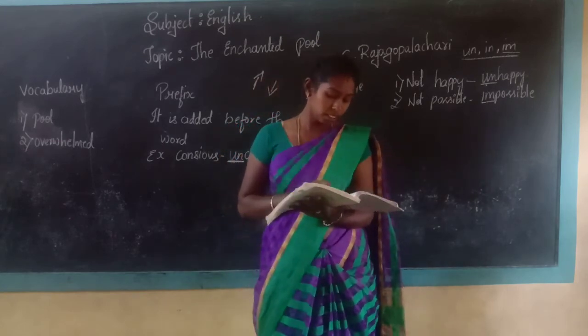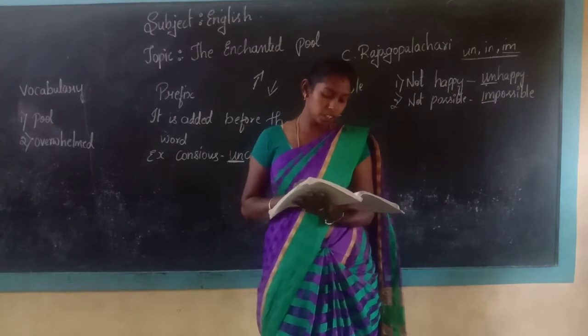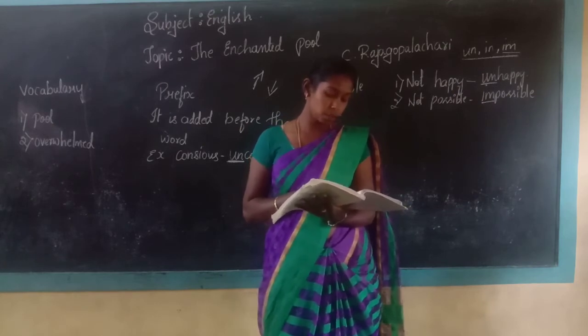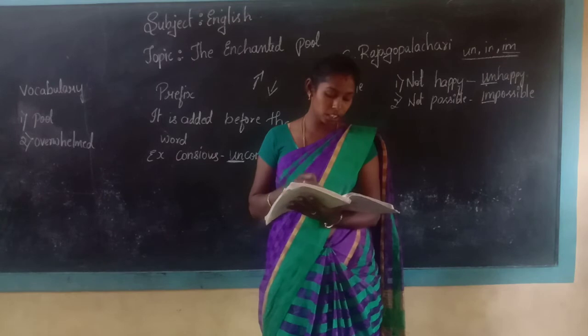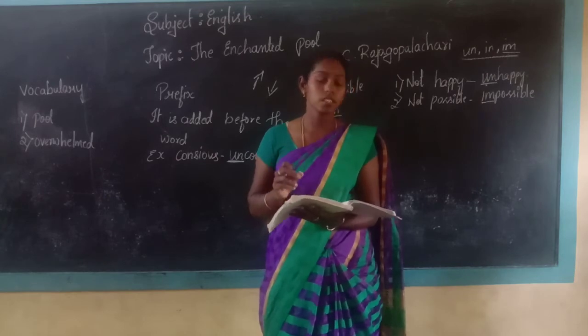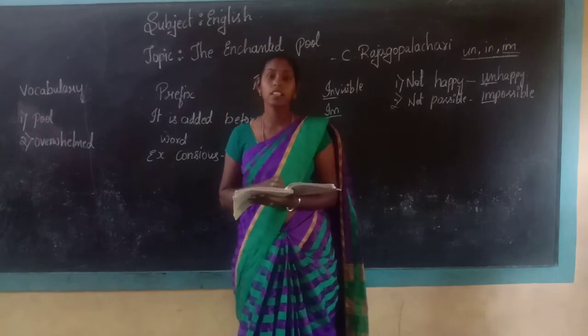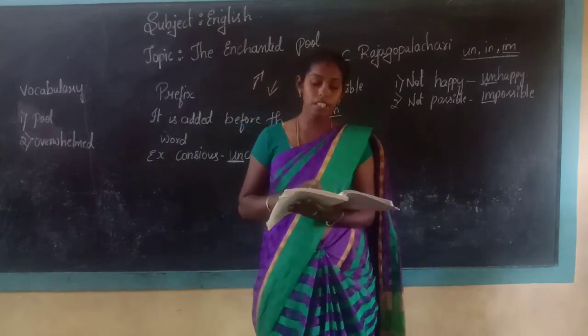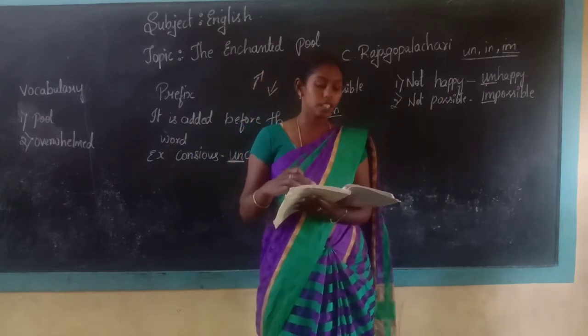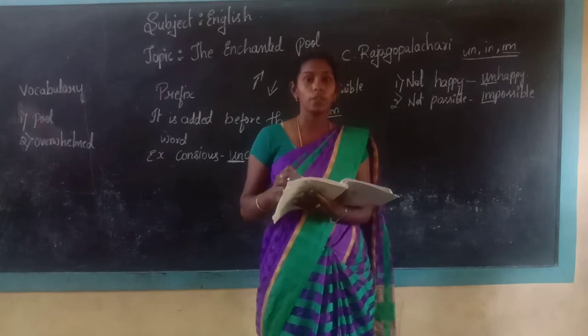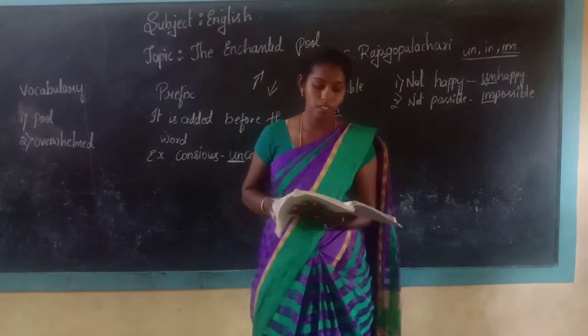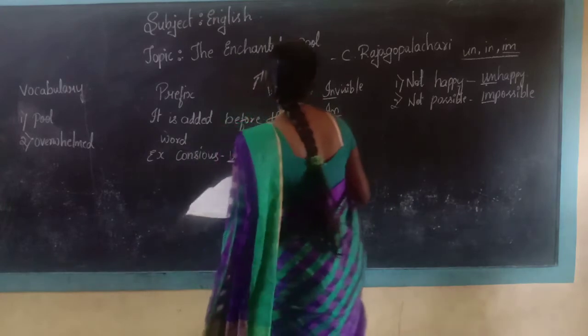In that they have given: match the words in the boxes with their meanings given below. So they are given the words in the boxes. You have to match the meanings given below. Down there is a meaning, so you have to match those meanings. One I will do for you.